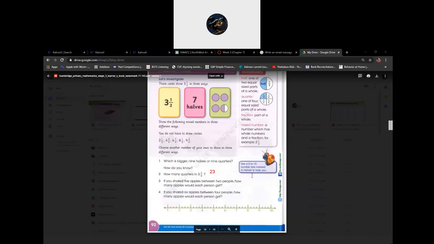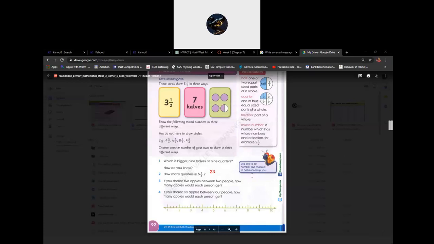But my trick was, since 4/4 equals 1 whole, I just multiplied 4 with 5, and then I added that.